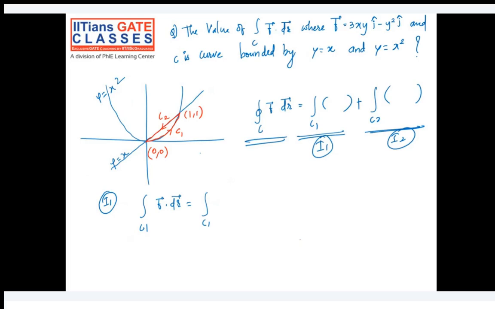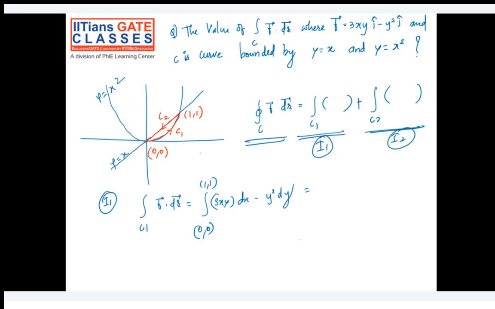And if you integrate it now, the limit is what x is varying from. Look at this, 0, 0 to 1, 1 point, and you can convert this integral to 0 to 1, as you are considering the curve y is equal to x square. y is equal to x square means dy will be 2x dx.